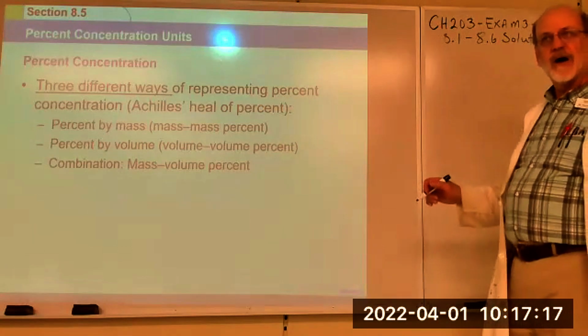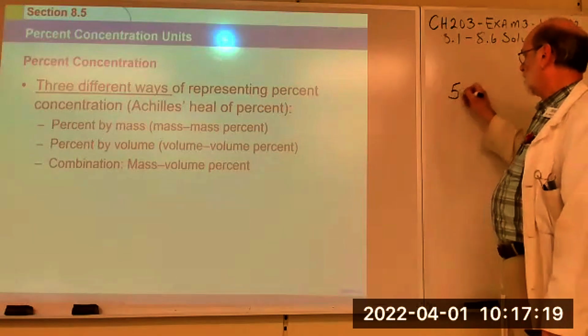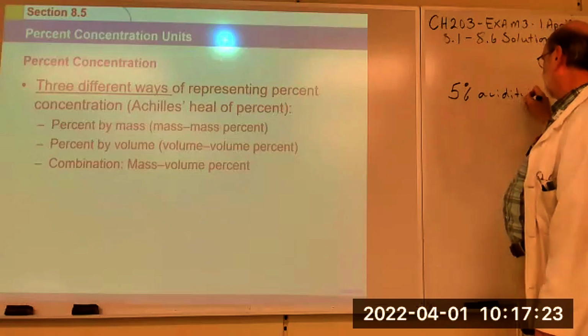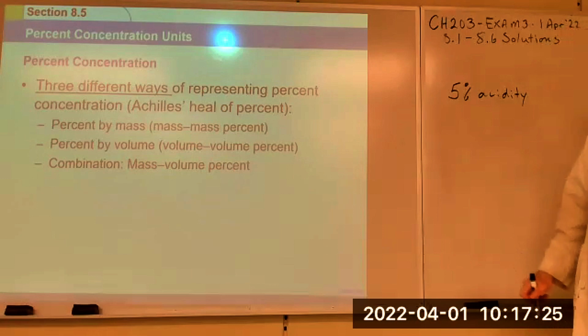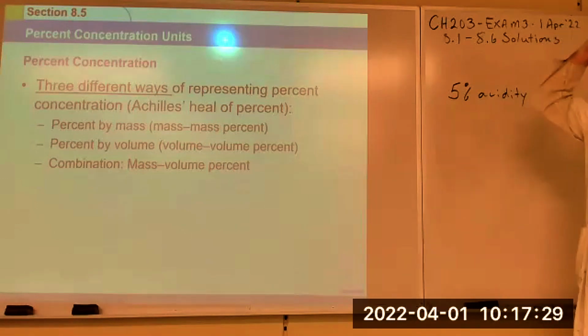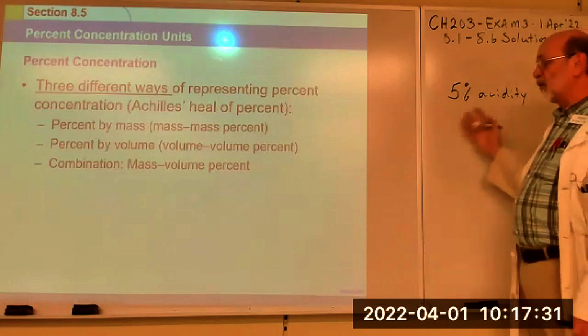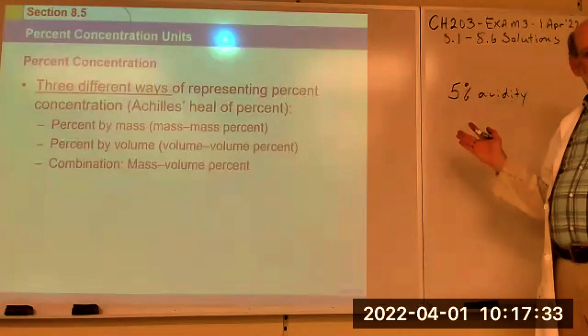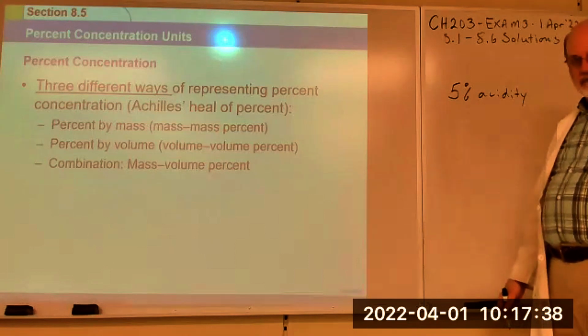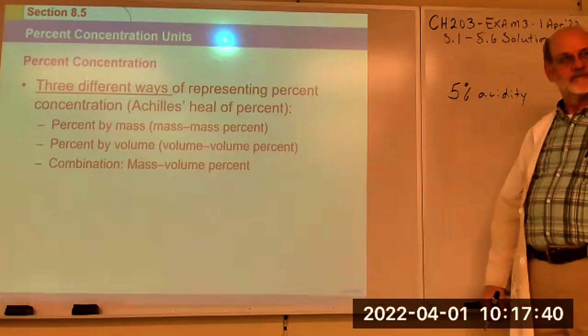Vinegar. If you look at a bottle of vinegar, it'll say 5% acidity. And I always wonder, what does that mean? Well, I assume it's relative to 100% acidity. So 100% acidity would be 100% glacial acetic acid.